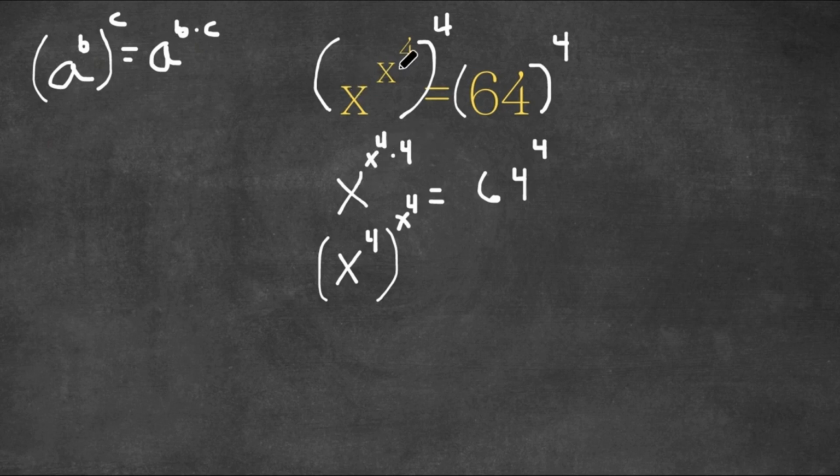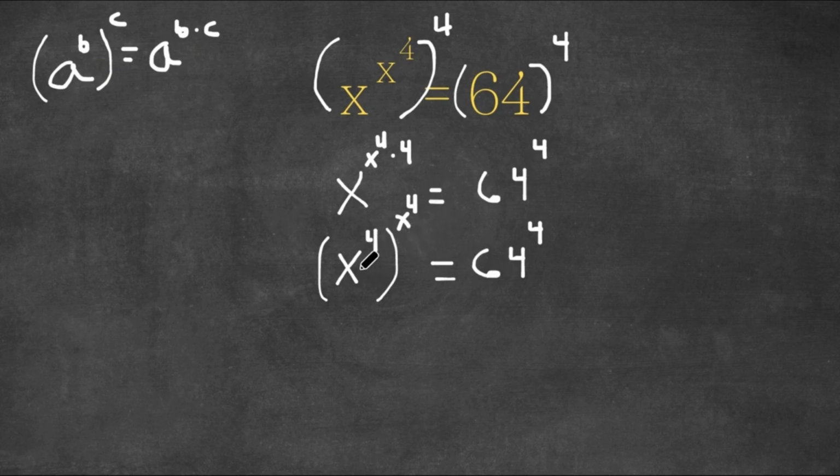Before it was x to the power of x to the power of 4 to the power of 4, and I simply switched the order of 4 and x to the power of 4, and that is completely legal. And this is still equal to 64 to the power of 4. And notice how x to the power of 4 and x to the power of 4 are the same, right?